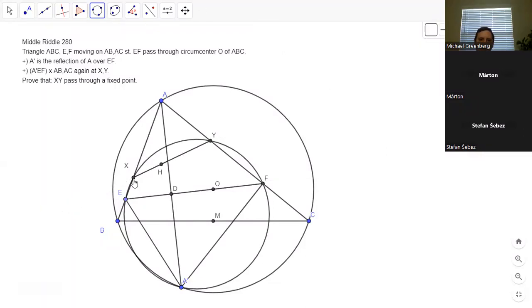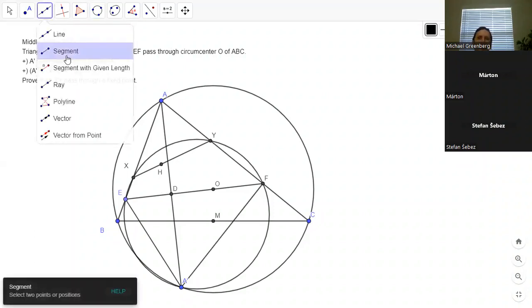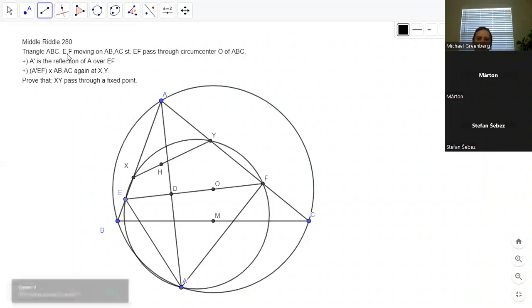Do I just take the circumcircles of AXY and A prime EF? Or is it like, I forgot how to do this. I know it's really basic, but yeah, how do I find the center of that spiral similarity? I have to think about it for some seconds as well.